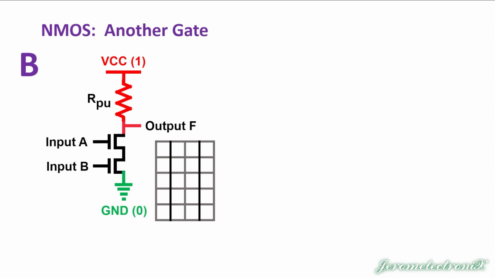But let me give you a quick preview of that. You can see 2 NMOSs in series. That means for any change to be made, both NMOS transistors have to be allowing flow. Input A must be allowing flow, and input B must be allowing flow.